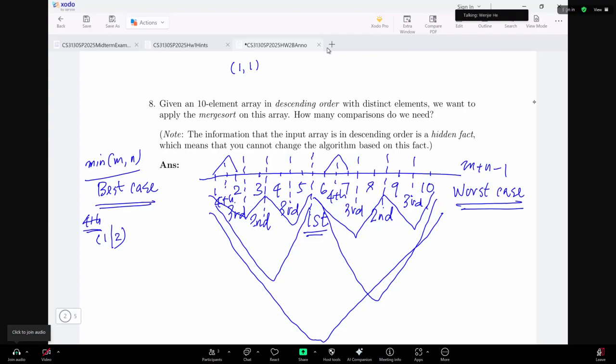That's why I store the number of elements after the merge. So 1, vertical bar, 2. The 1 tells me the number of comparisons. The 2 tells me the number of elements in the merged array. So that's the first one.